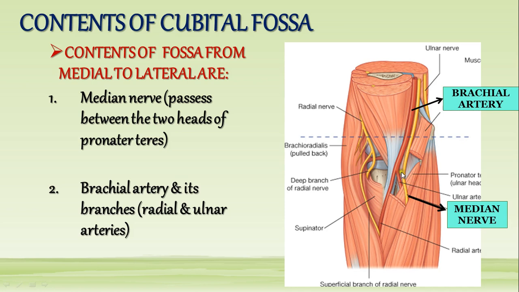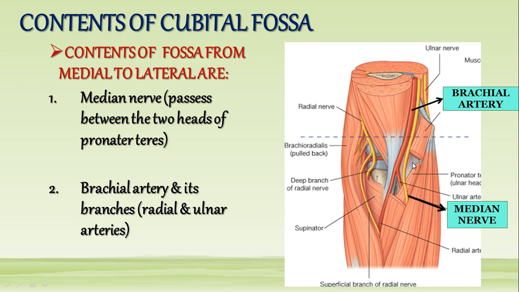The next structure present in the cuboidal fossa is the brachial artery. The brachial artery passes from the arm, enters into the cuboidal fossa, and just at its apex, it divides into its two terminal branches, the radial artery and the ulnar artery.